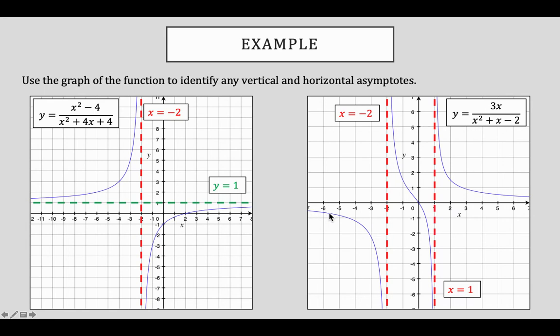Therefore, we can conclude that in this case, we have a horizontal asymptote at y equals 0. One thing to make note of, it is possible to have multiple vertical asymptotes. When we are dealing with rational functions, that's a polynomial divided by a polynomial, if there is a horizontal asymptote, you will only have one horizontal asymptote.